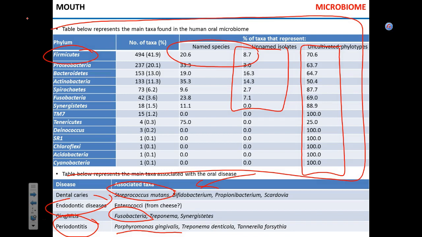One of the recent studies demonstrated the association of Porphyromonas gingivalis with Alzheimer's disease. And not just, it was found in the brain samples of people who died. They compared brains from people with Alzheimer's and people without Alzheimer's, and they found really strong association of Porphyromonas with Alzheimer's.